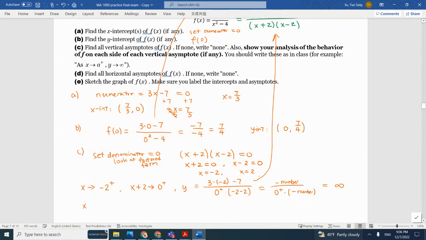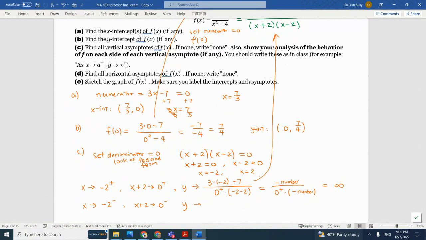And then when x goes to -2 from the other side, what's going to change? So x plus 2 will go to 0 minus. Therefore, it's almost the same. By the way, let me use an arrow.